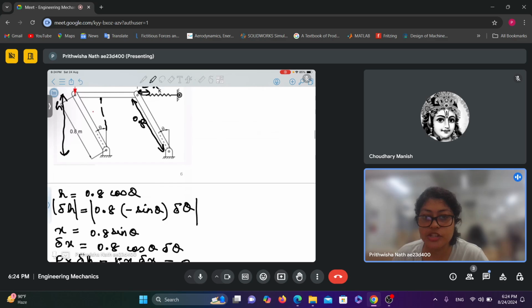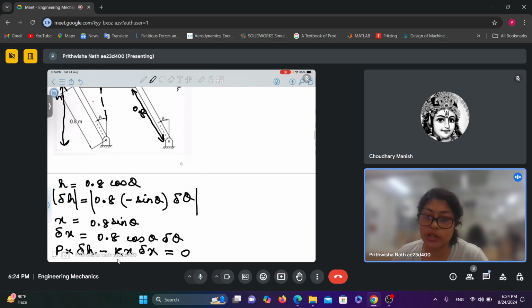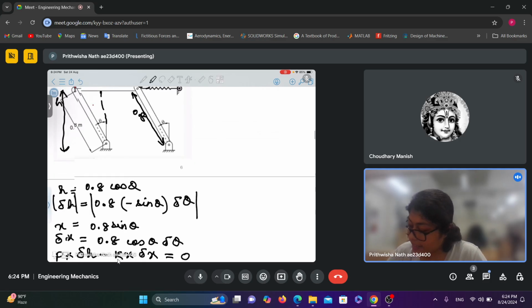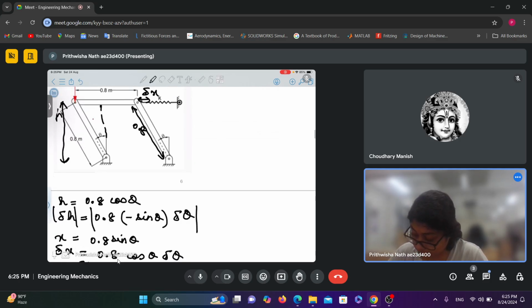Now, if I differentiate it, delta H would be this. Now I'll take the modulus of delta H. Now I need delta X for the spring.